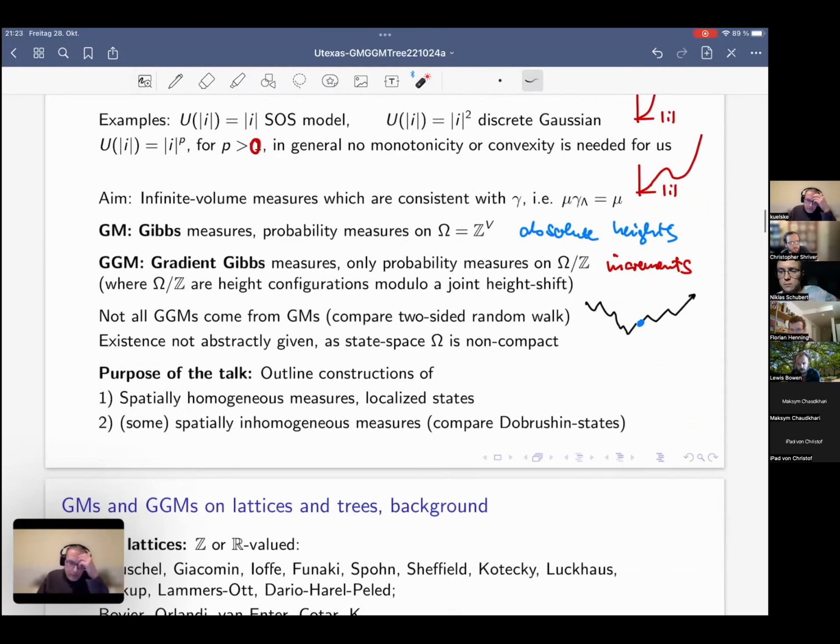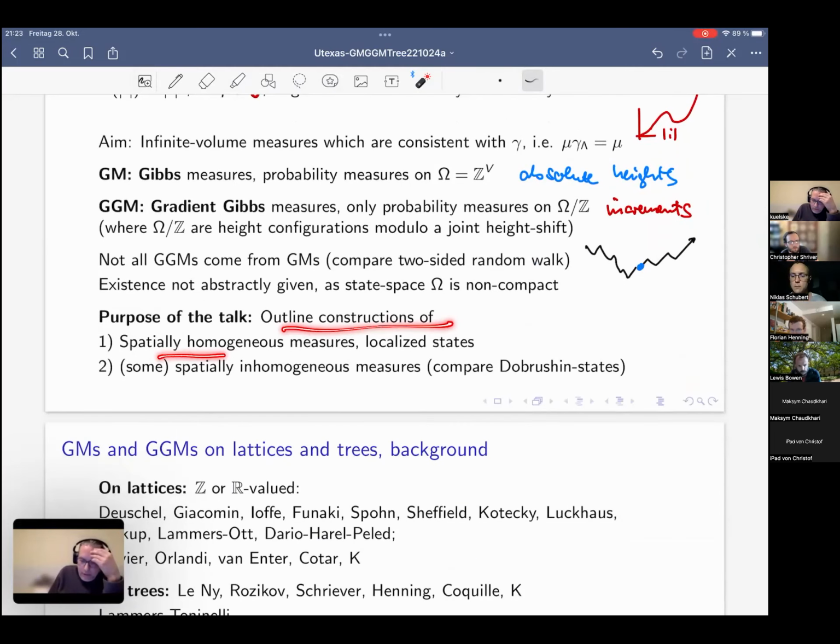And so the purpose of this talk is to outline the construction of this, first of all, in the spatially homogeneous case for localized measures, and spatially inhomogeneous, also for localized states, but also I will describe things for non-localized gradient Gibbs measures, but in the spatially homogeneous situation.